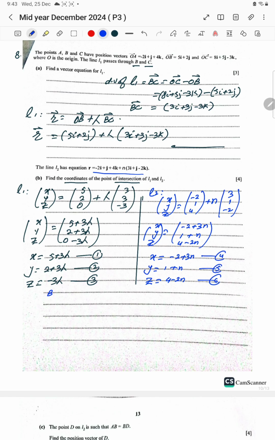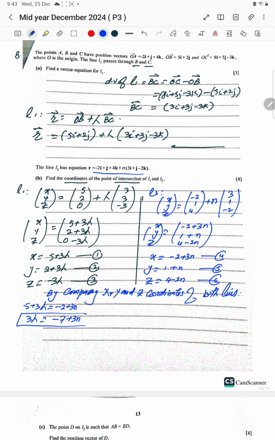Now by comparing the x, y and z coordinates of both lines, if I say 5 plus 3 lambda equals minus 2 plus 3n, then 3 lambda will be minus 7 plus 3n. One form is this in terms of lambda and n.